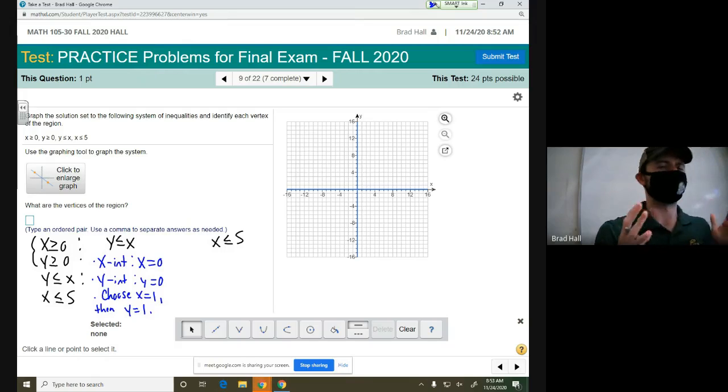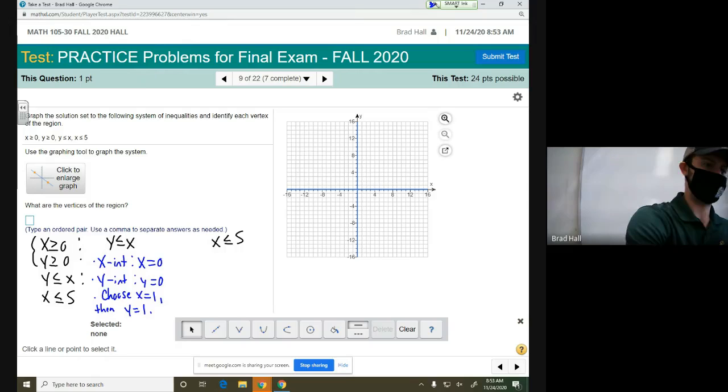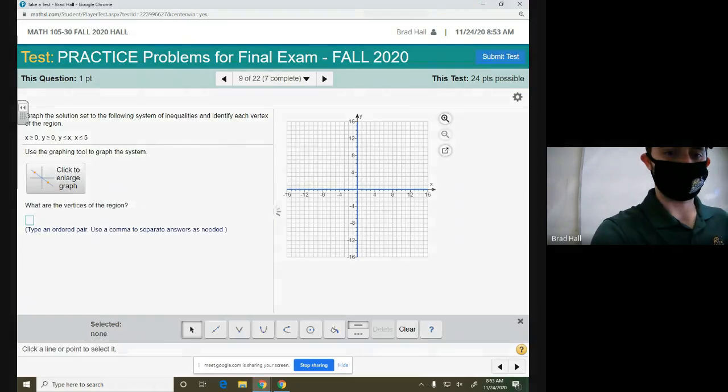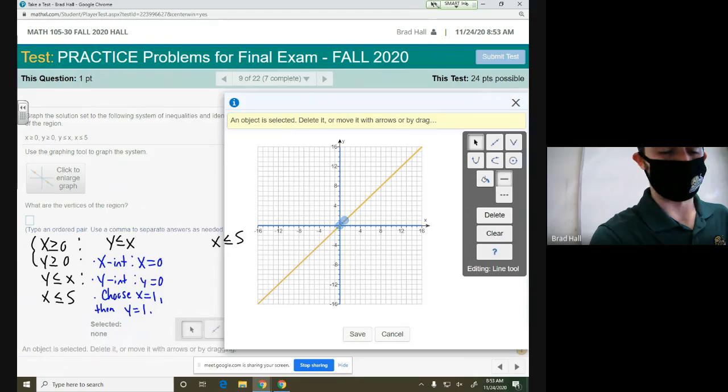It's one of those lines that's so trivial, but because of its triviality, it makes it a little bit complex to think about. So in other words, the graph of Y is equal to X. The second point I'm plotting here is 1, 1.